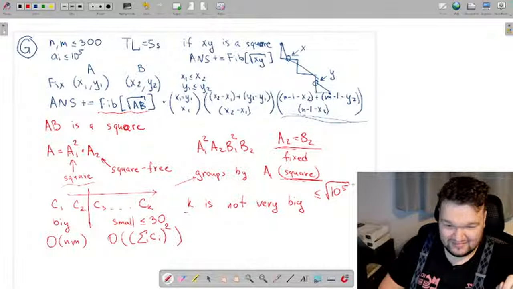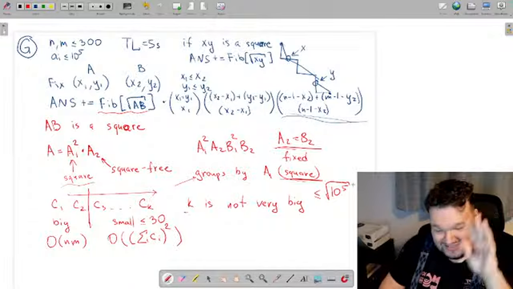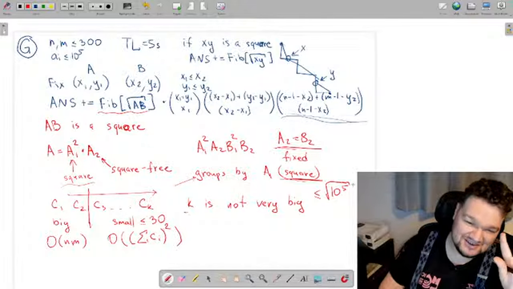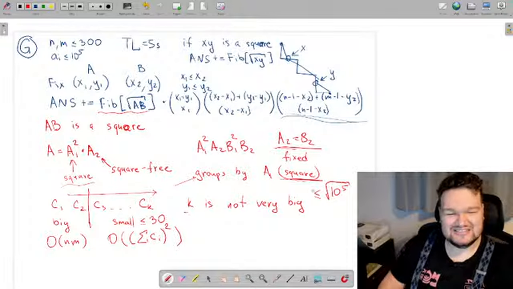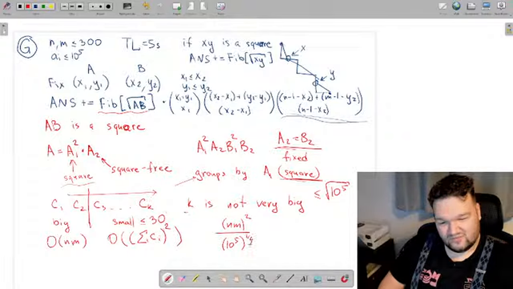And I think from here we can show something relatively fine. With a well-chosen bound, the complexity should be NM times the square root divided by 10 to the fifth, fourth root.